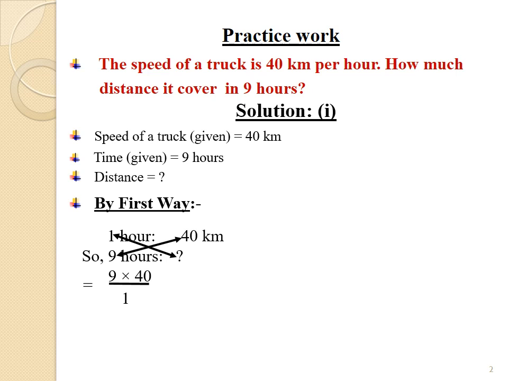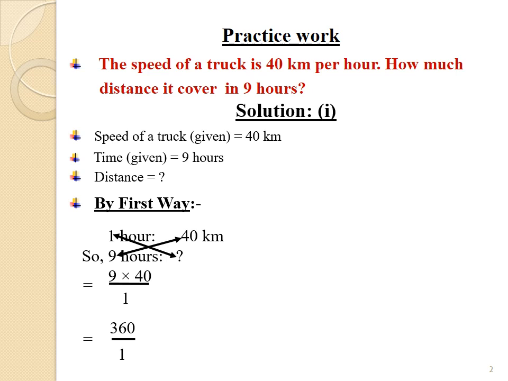We know that when we multiply by tens, we put a 0 at the end and multiply the remaining digits. Thus, writing 0 at the end and multiplying 9 by 4 and keeping the denominator 1 as it is, we get 360 upon 1.